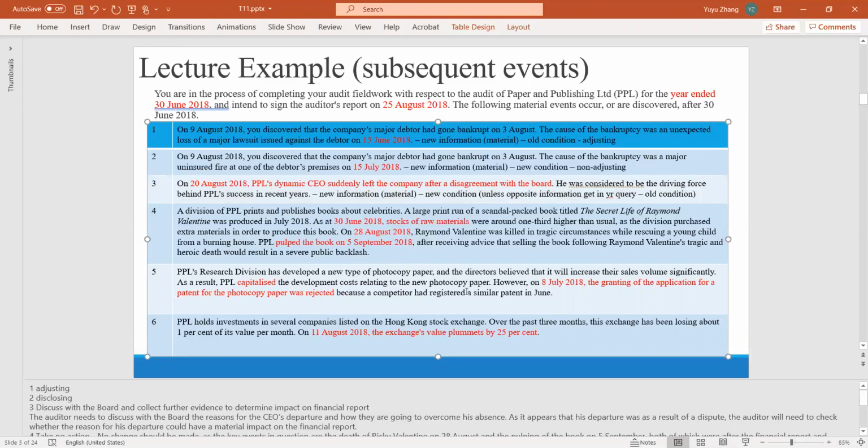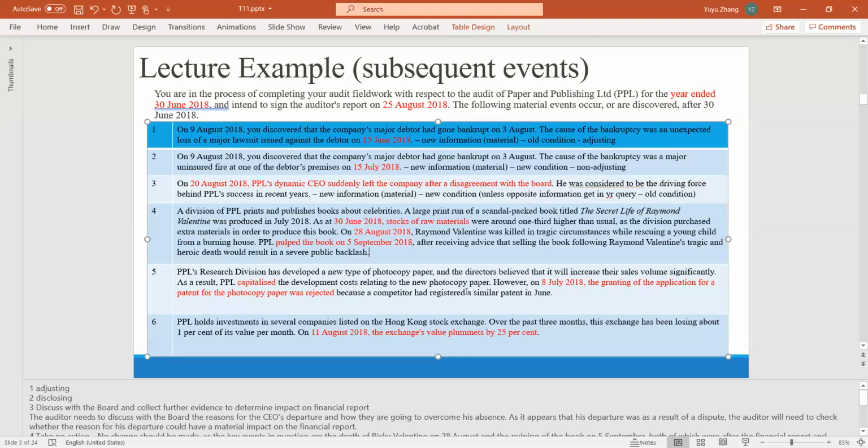Number 4. The division got a large print run of the book, The Secret Life of Raymond, produced in July. As at 30th June, stock of raw materials has been piled up. On 28th of August, Raymond was killed in tragic circumstances when he rescued a young child from a burning house.